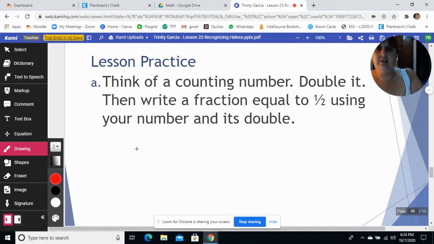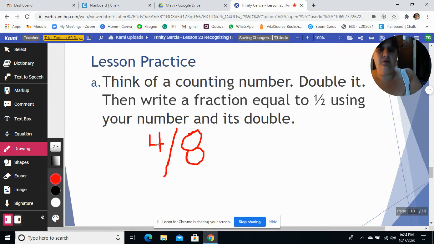Okay, so let's just do it together. Let's think of a counting number. I'm going to pick a counting number of 4. Okay, that's my counting number that I'm picking. Now I'm going to double it. So that makes it 8. Okay, now it says write a fraction that is equal to 1/2 using your number and its double. So all I need to do is draw the line.